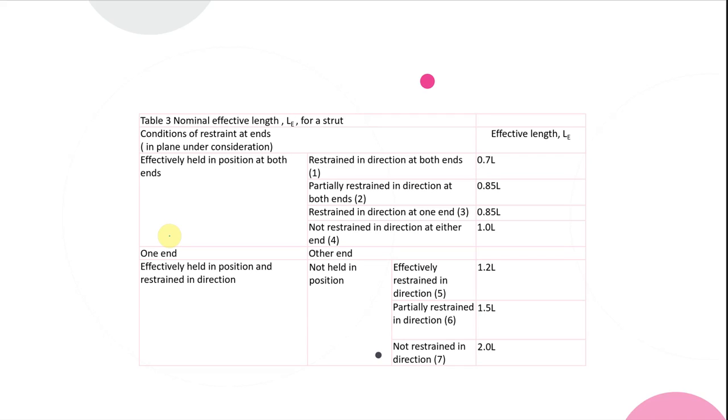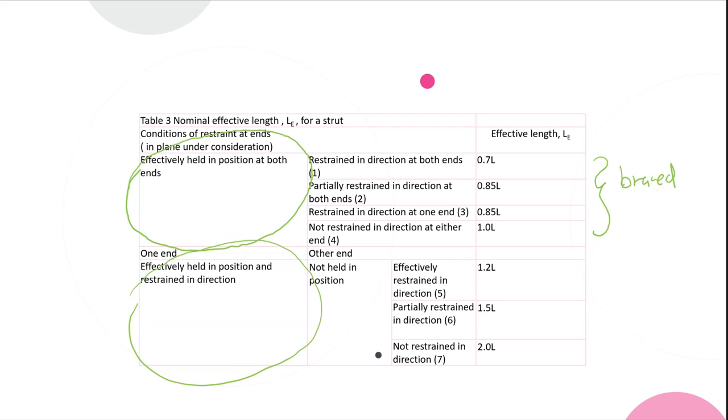Okay, kita tengok first one. So here, kalau dekat sini, this is the first condition lah maksudnya, and this is the other one. Yang ni, 1, 2, 3, 4, this type of column is braced.